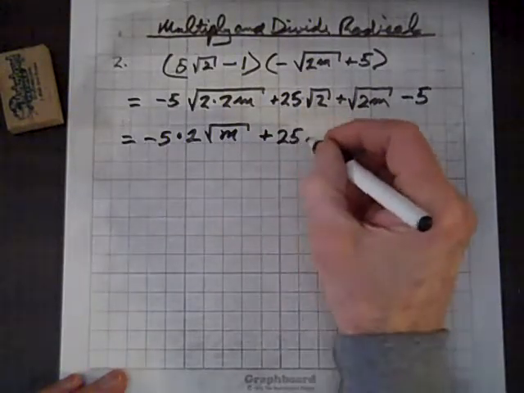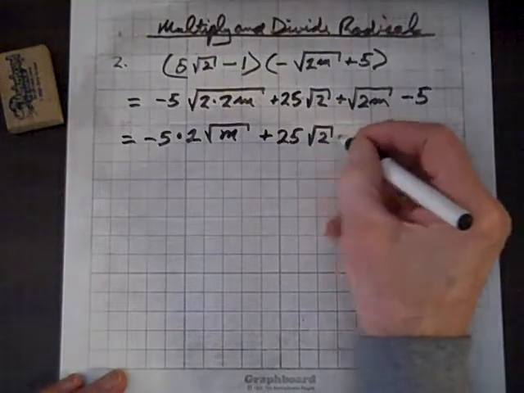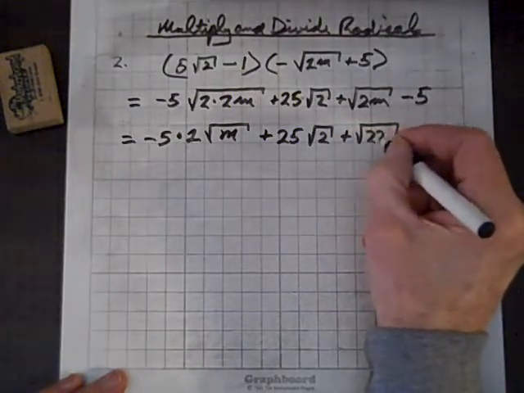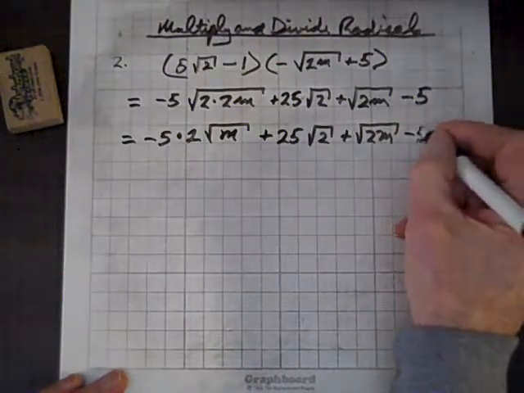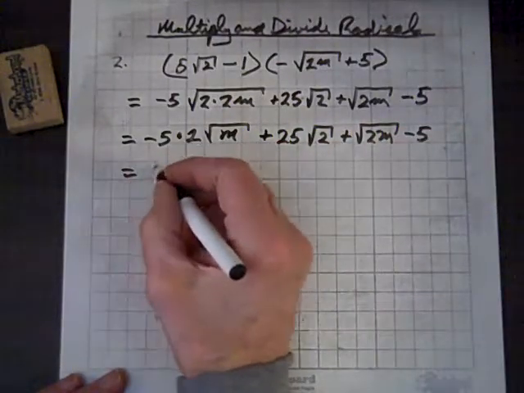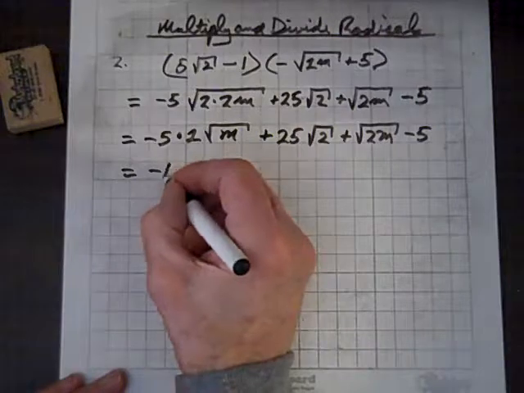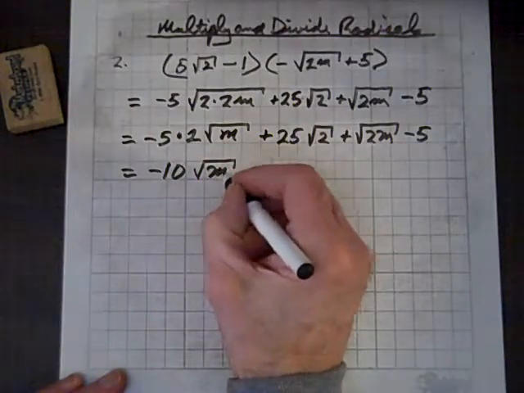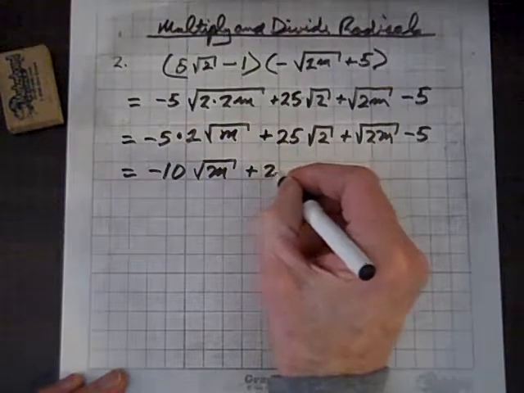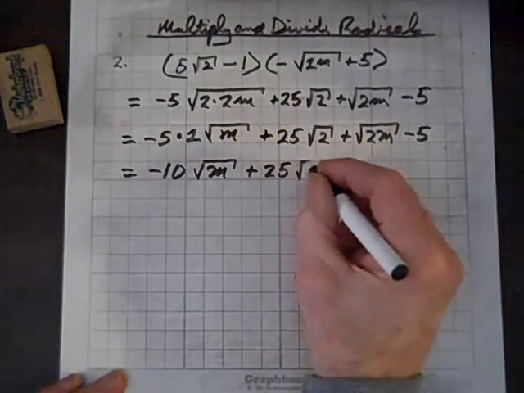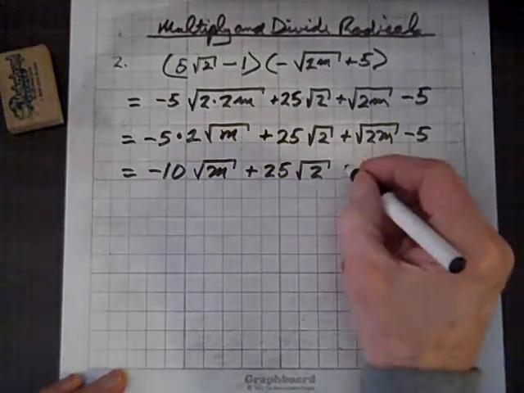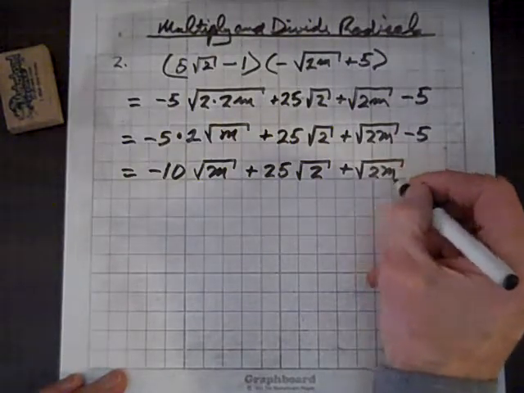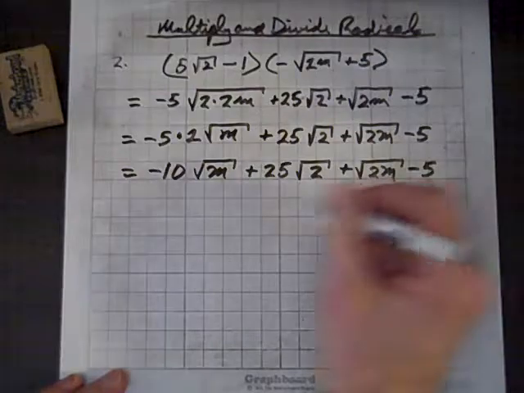So we just get 25 root 2 plus the square root of 2m minus 5. And now let's simplify this. We get negative 10 root m plus 25 root 2 plus the square root of 2m minus 5, and we are done with that.